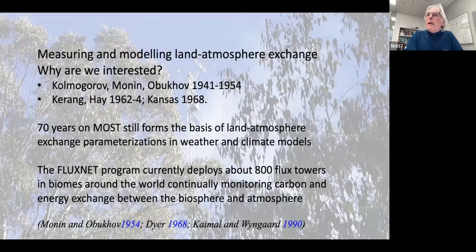So what I want to talk about is the way we modify the standard theories of atmospheric turbulence in the surface layer when we have a tall plant canopy. Fundamental theories had been developed in Russia in the 1940s and 50s by Kolmogorov, Monin, Obukhov, and later by Akiva Yaglom and others.